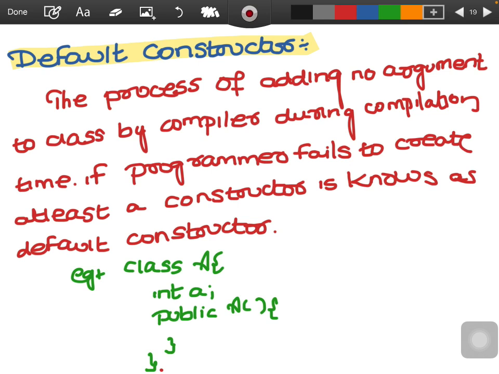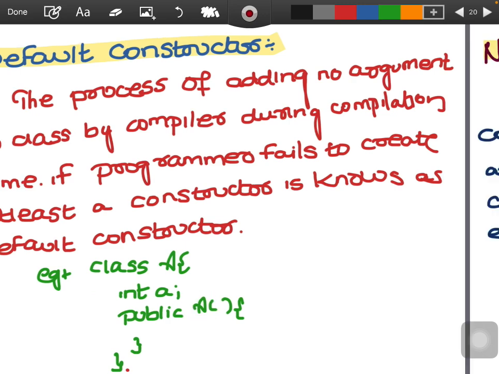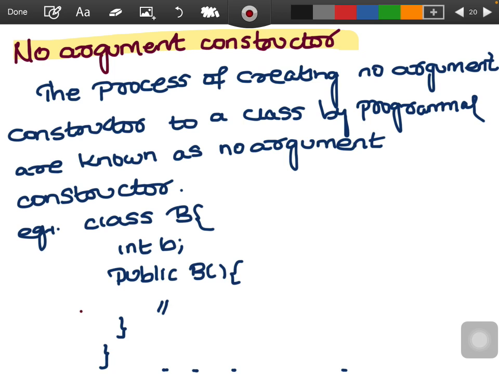If the programmer fails to write the constructor, by default a constructor is created during the compilation time. For example, it is a no argument constructor, so I didn't pass any arguments here. The class name is A, so the constructor is also the same as the class name. It is a default constructor.